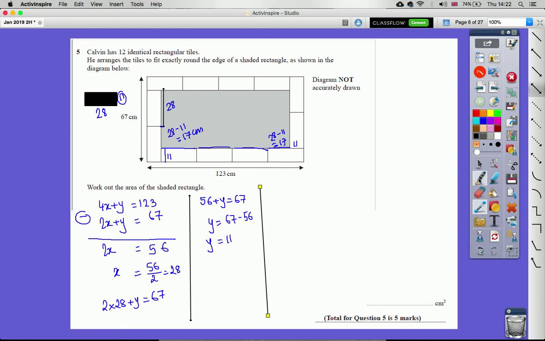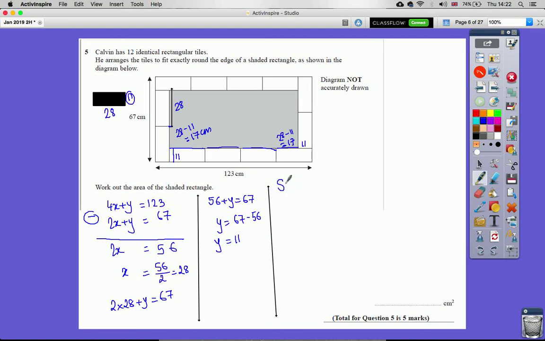For the shaded rectangle, the length is going to be 1, 2, 3, 3 multiplied by 28 plus 17.